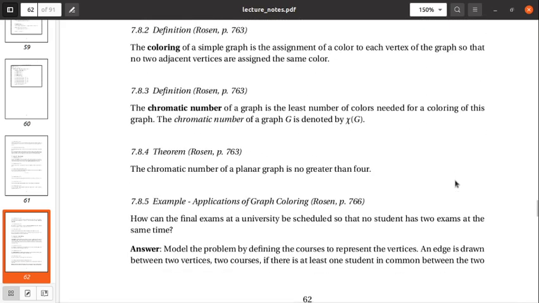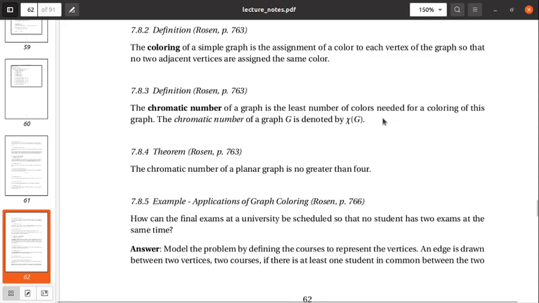Next definition. The coloring of a simple graph is the assignment of a color to each vertex of the graph, so that no two adjacent vertices are assigned the same color. So now we can discuss this topic of coloring a map by dealing with its dual representation as a planar graph. The chromatic number of a graph is the least number of colors needed for a coloring of this graph.